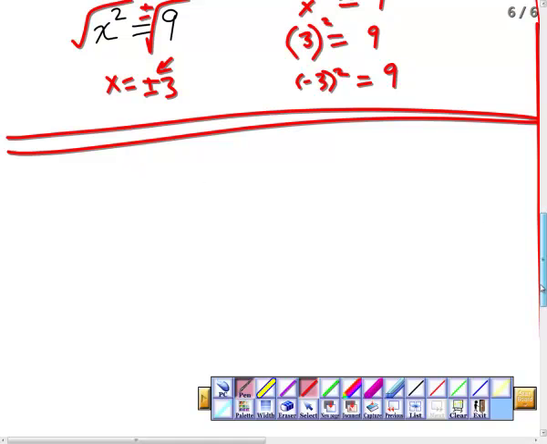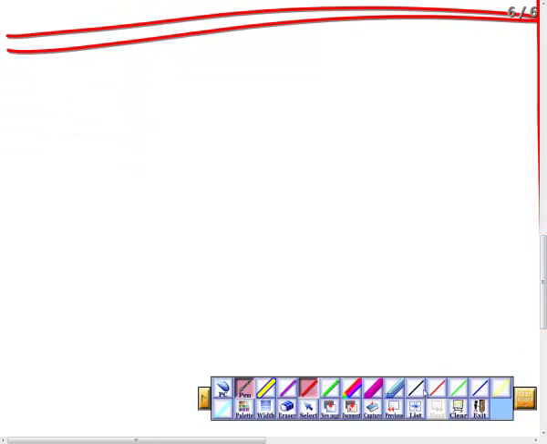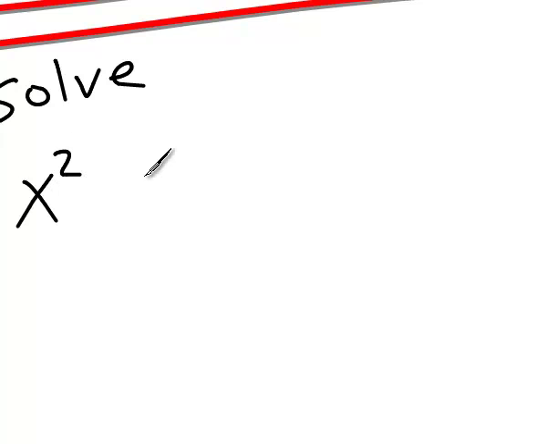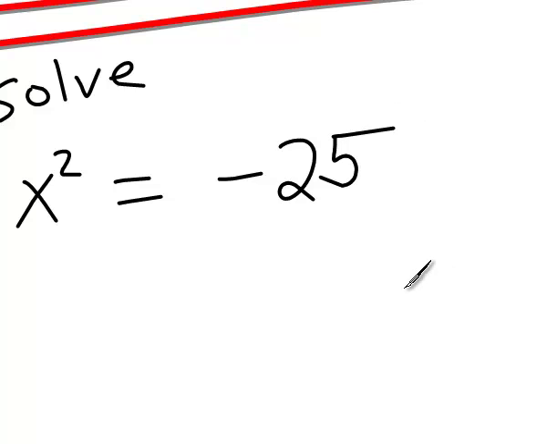Try this. Go ahead and work this one out. We want to solve for x squared equals a negative 25. All right, go ahead and solve for that.